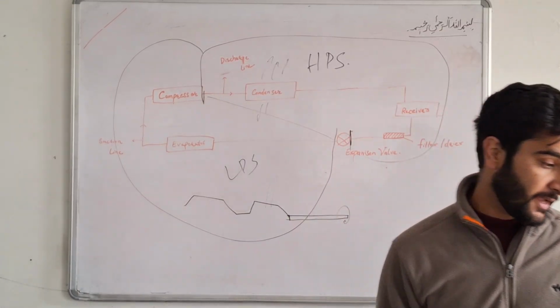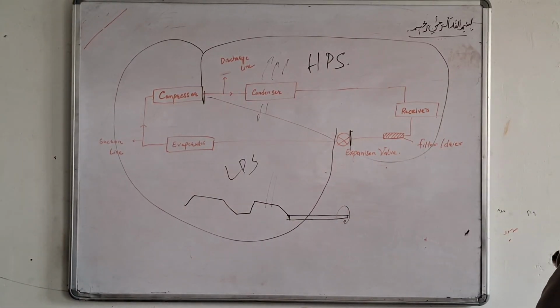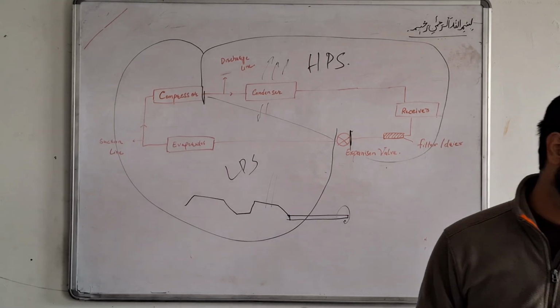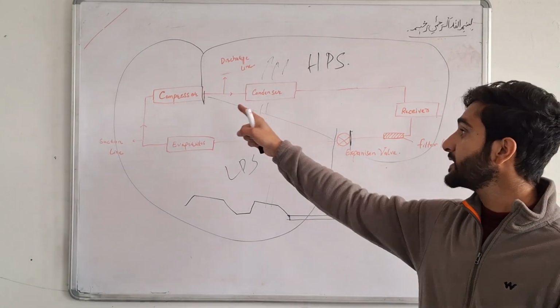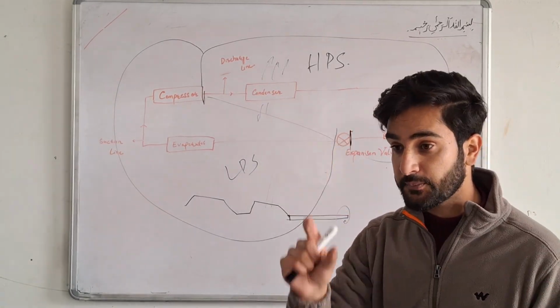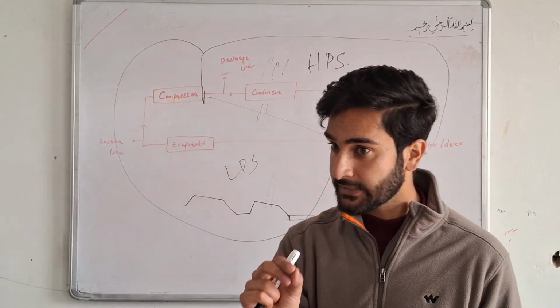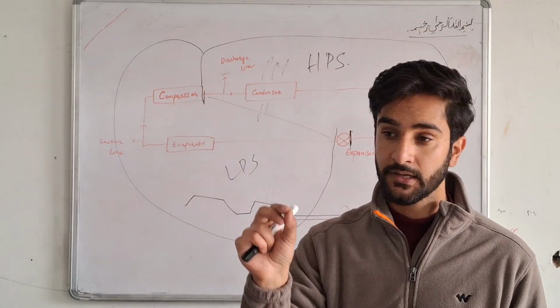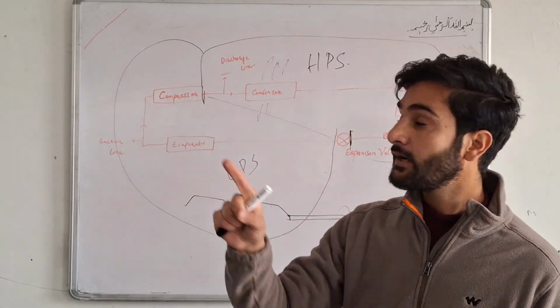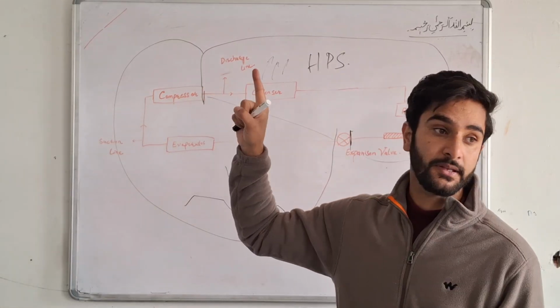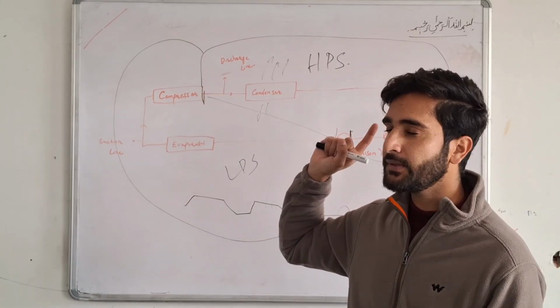That is one type. Another is when the refrigerant is wet after the compression. Wet means that after the compression there are still liquid particles inside the refrigerant. After compression the refrigerant should be in gaseous form.